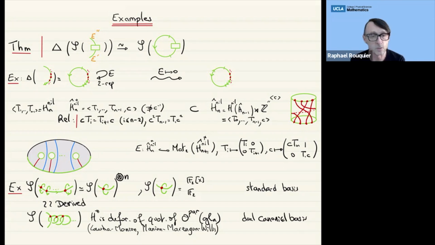And so this same Fukaya category has two, not quite t-structures, but two natural sets of objects that form some sort of basis. The one for the tensor product corresponds to a standard basis, whereas the one at the bottom corresponds to a dual canonical basis, to projective objects.